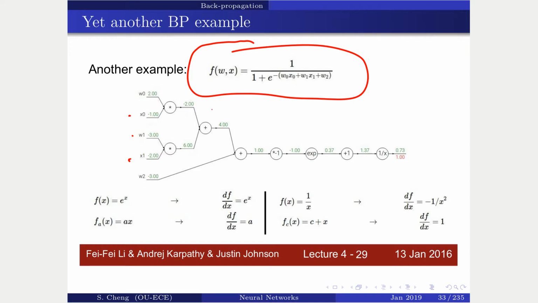So this final function f(W, x), as you can see, first constructs W0 X0, then I have W1 X1, then I add these together with this W2, and then I need to multiply by -1 and take the exponential, add 1, and then take the inverse of that.